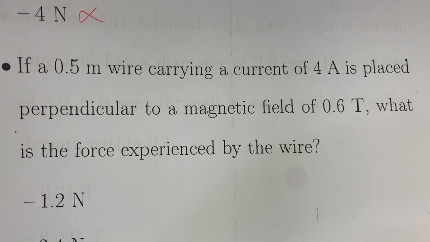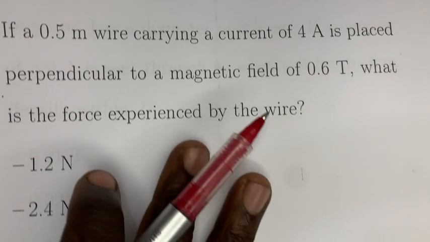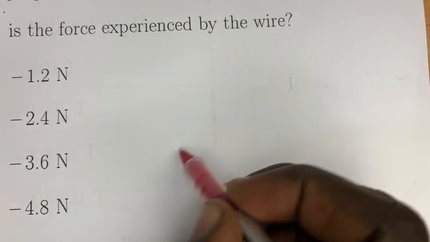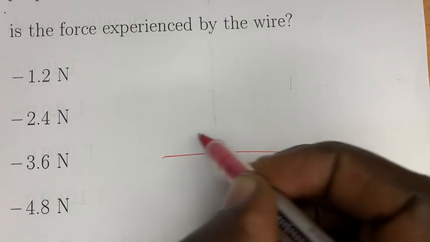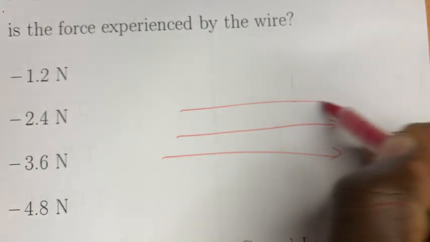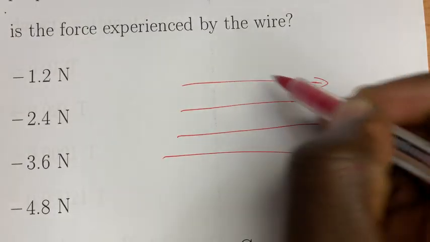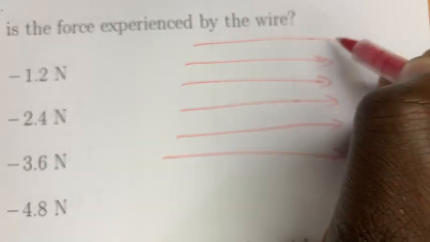In a conducting wire, let me bring something like this. Let's say I have a uniform magnetic field. This is my magnetic field. Forgive me. Let's assume this is my uniform magnetic field of magnitude B. The magnitude of this field is 0.6 Tesla.